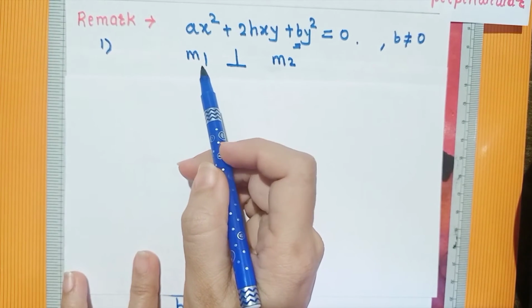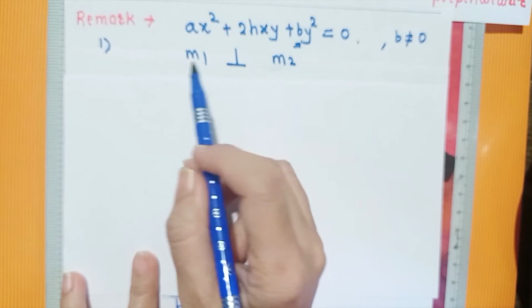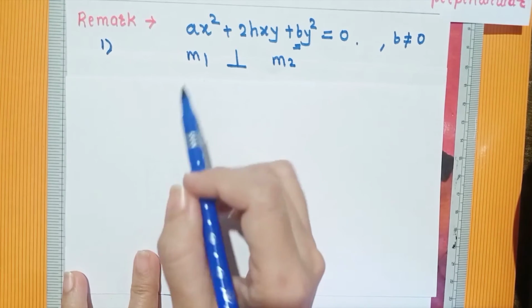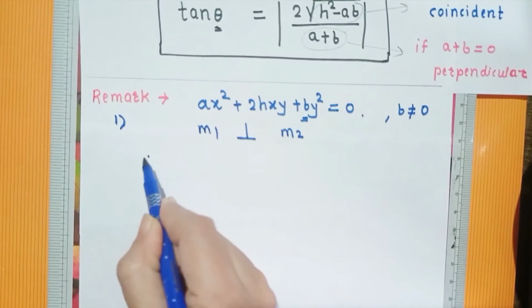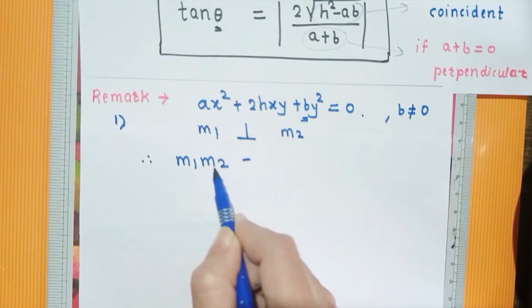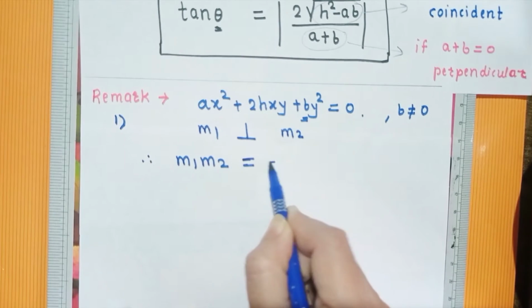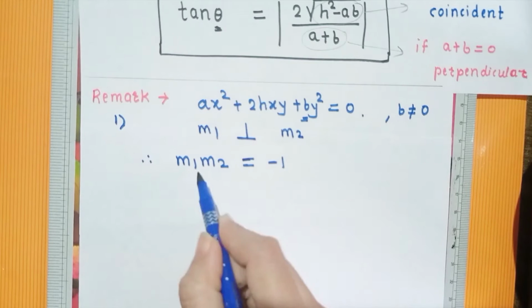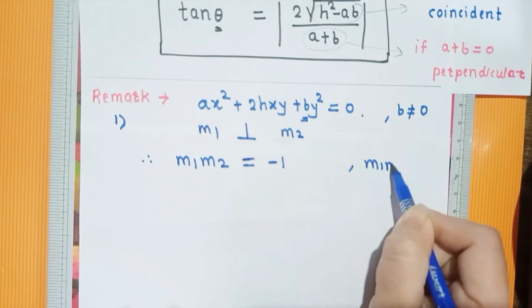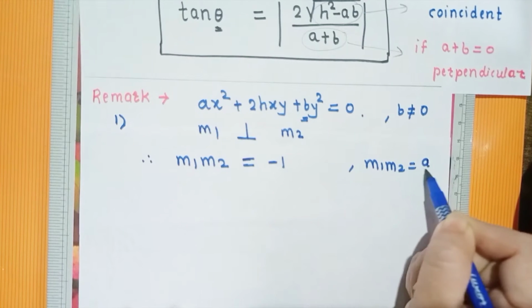If lines having slopes m1 and m2 are perpendicular to each other, then we know their product m1 into m2 is equal to minus 1, and we know this product is given by a upon b.